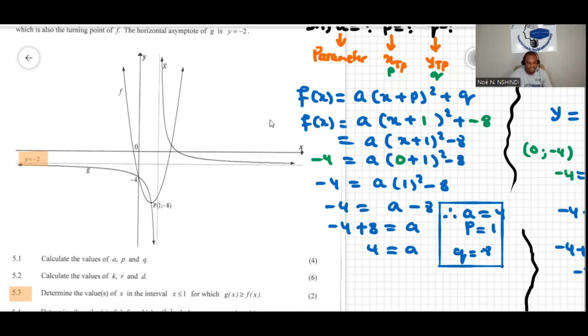We can see that g of x is greater than f of x in this portion here. This is the part where g of x is more than f of x in the interval x less than 1.